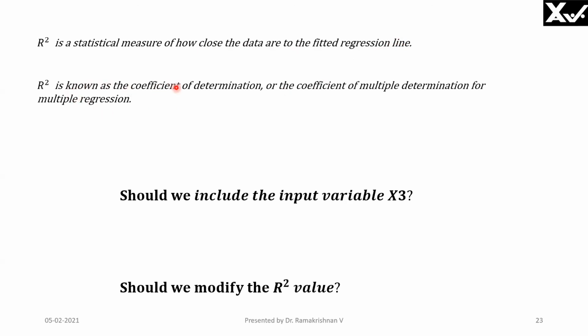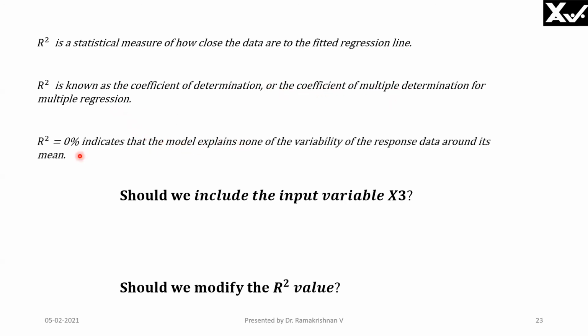R squared is known as the coefficient of determination for two variables and the coefficient of multiple determination for multiple regression, right? More than 3 variables here. R squared equal to 0 means the variability is not at all accounted. All the input variables are wrong, right? There is no relation between the two. None of the variability of the response data around its mean is explained.